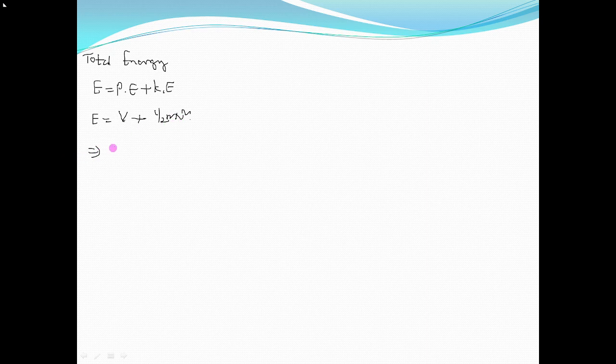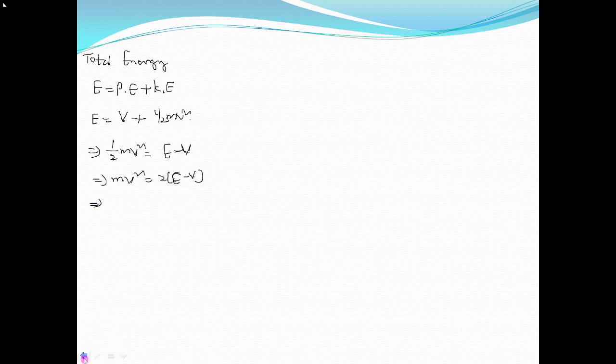So, I'll write this equation as half mv square is equal to E minus V. I want to take this 2 also this side. So, mv square is equal to 2 into E minus V.